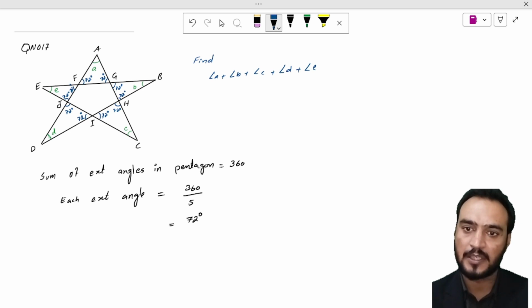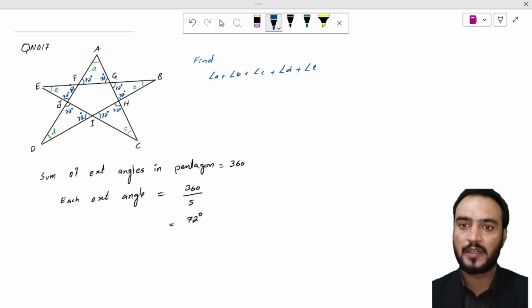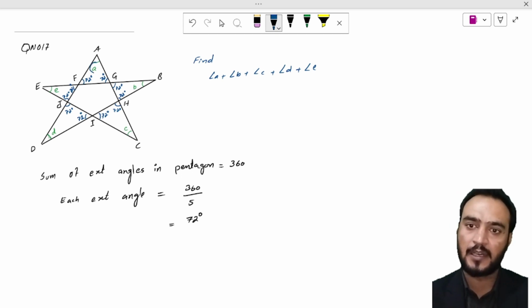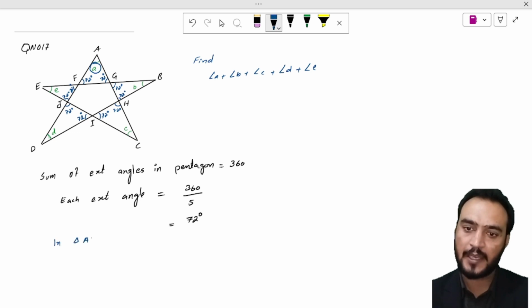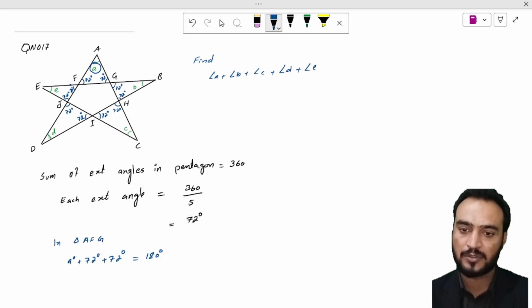First of all, let us calculate the angle A in triangle AFG. In triangle AFG, angle A plus 72 degrees plus 72 degrees is equal to 180 degrees, because the sum of interior angles of a triangle is always 180 degrees. So angle A is equal to 180 minus 72 minus 72.